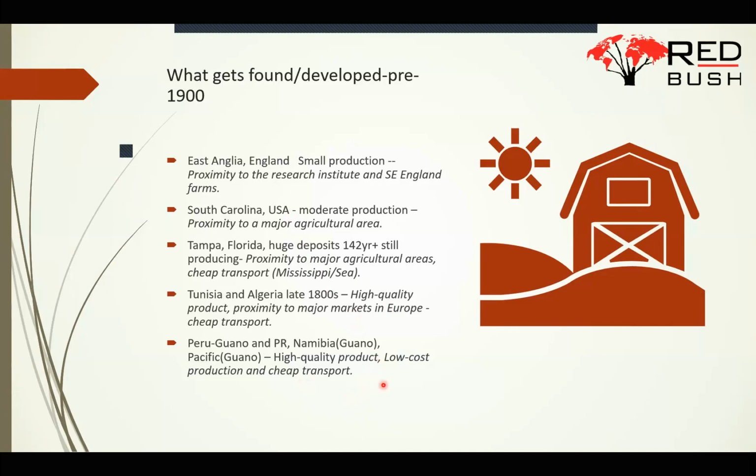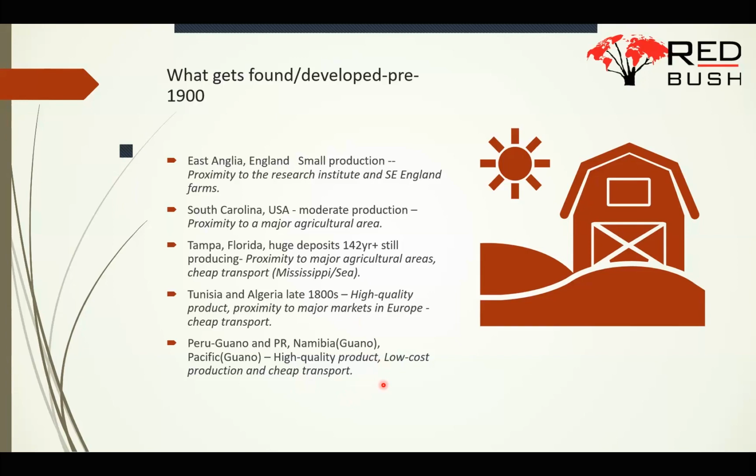The funny outlier here is Peru, and Peru, Namibia, and then the Pacific. Now, these are guano deposits. They're very high concentration. They're NPKs of varying qualities, but they're very high quality product. They're very low cost to mine because you're literally scraping it off the surface. And again, all of these are right near the coast. You can put it on a ship and you have really cheap transport.